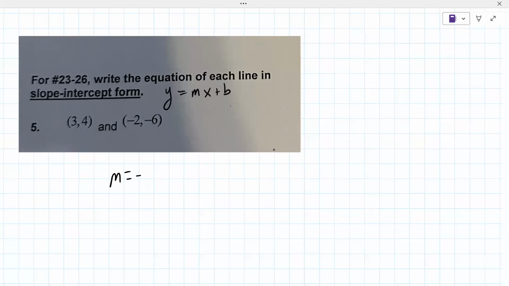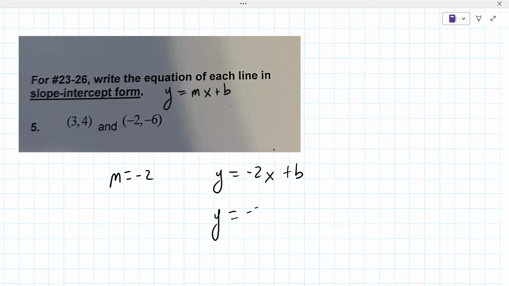So once you get your slope, it's good to write that equation and then substitute the x and y. Not a good idea to try to do it all at once. I got y equals -2x plus 10.